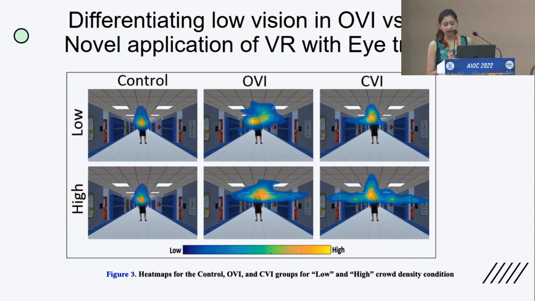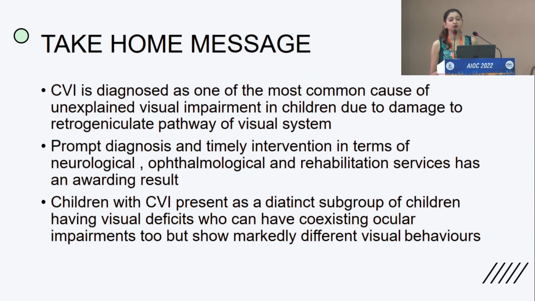In the OVI group, as the level of complexity increased, of course the latency also increased. The blue color, which means that they were looking at that spot for increased time, was much more. But if we compare with the CVI kids, when the level of complexity increased further, this span increased even more. So this was an objective way of assessing and differentiating these two disorders.